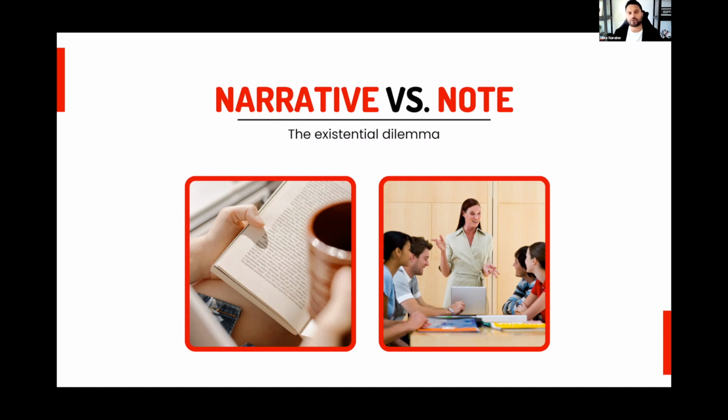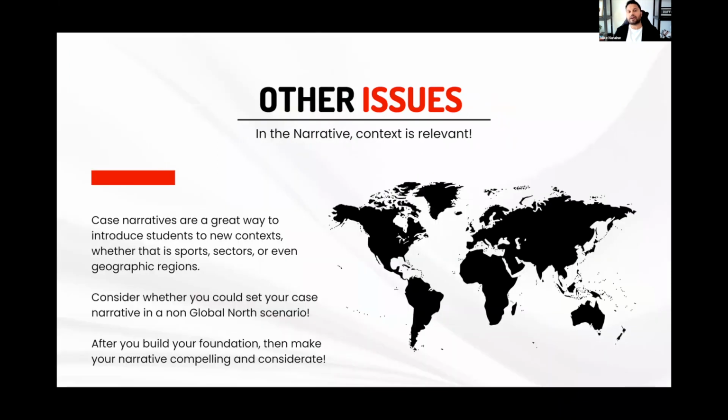Regardless of which of the three options you choose, you need to just ensure from a case narrative perspective that you are hearkening back to what was said, that the case narrative needs to be compelling and it needs to be considerate. Now, finally, one other issue that is worth mentioning is that context is relevant, especially in the narrative. Context, when we talk about sport management teaching cases, can sometimes consume the narrative.